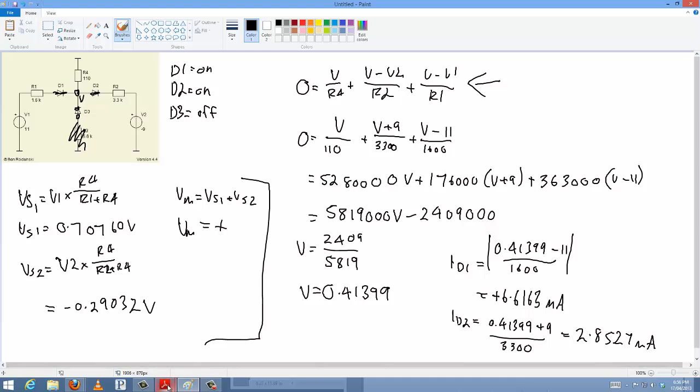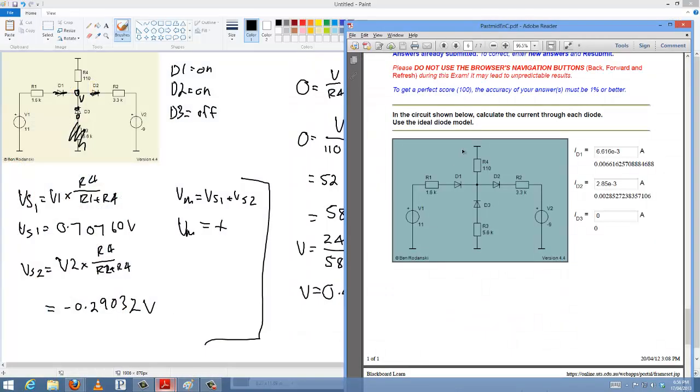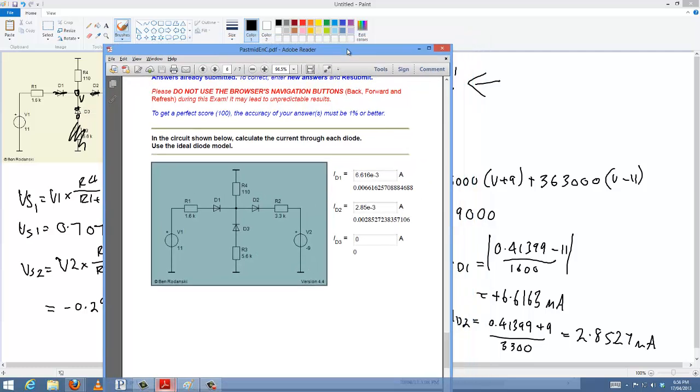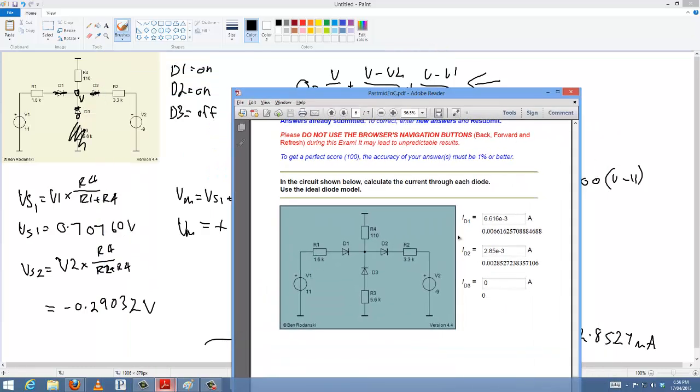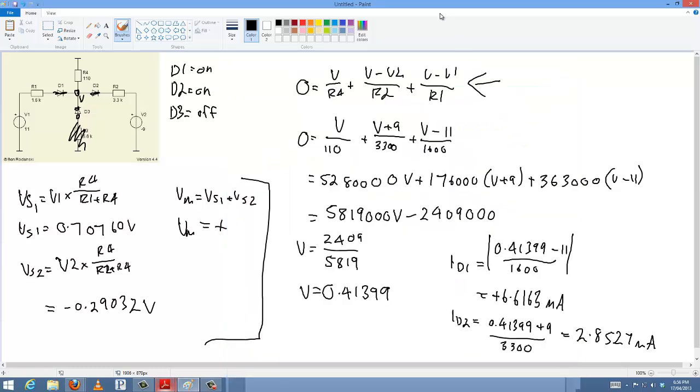And we'll check against our answers. So yep, 6.616 times 10 to the negative 3 and 2.85 times 10 to the negative 3, which means our answer is correct. And obviously D3 is off, so ID3 is 0. And that's correct for the first one we've done.